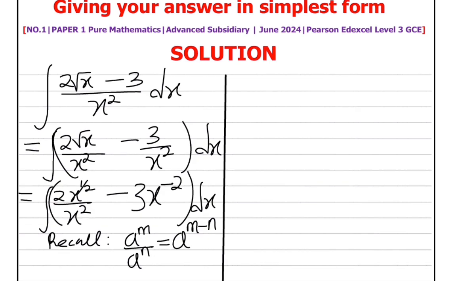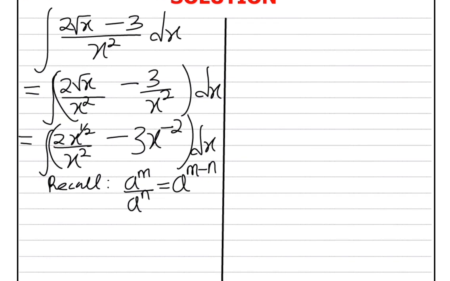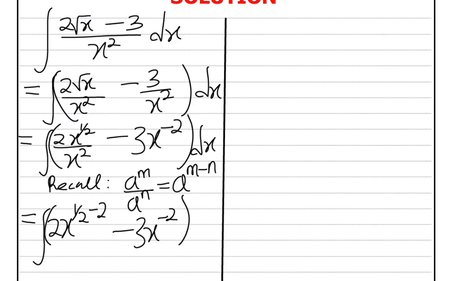Now, in this case, this will be equal to the integral of 2x raised to the power of half minus 2, then minus 3x raised to the power of minus 2, then we have dx.